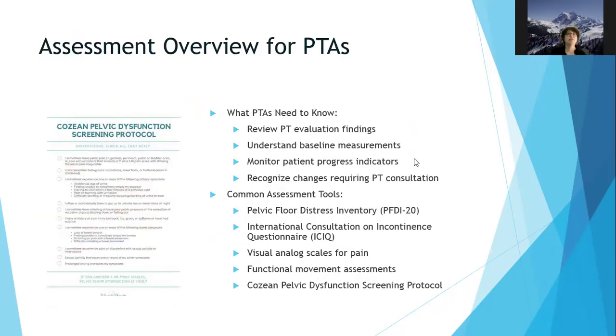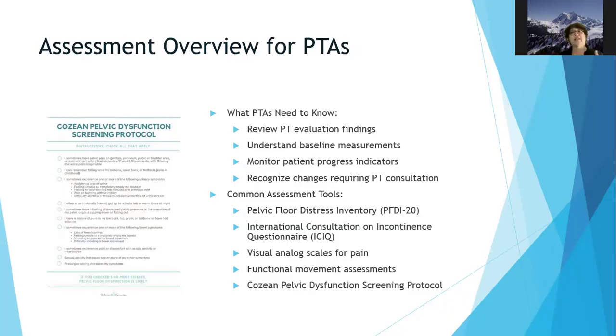So for PTAs, we need to be able to review PT evaluation findings, understand what the baseline measurements are, what they mean. We need to be able to monitor patient progress indicators and recognize changes that require PT consultation. So there's some common assessment tools for pelvic floor. One of them is called the Pelvic Floor Distress Inventory.